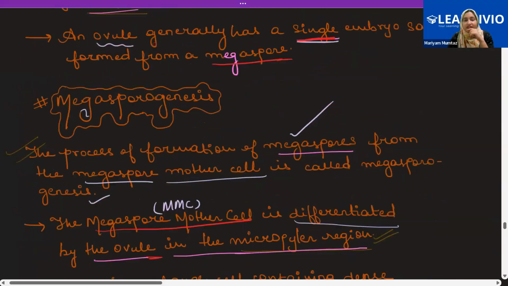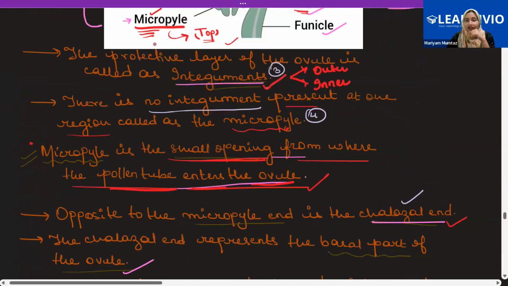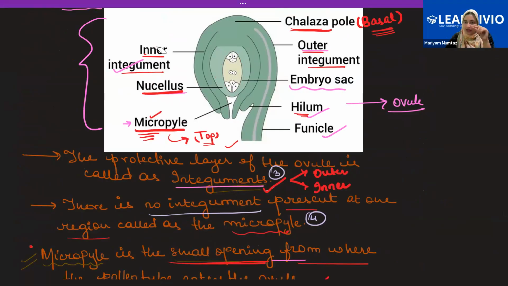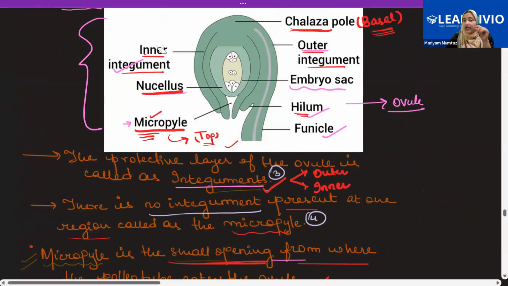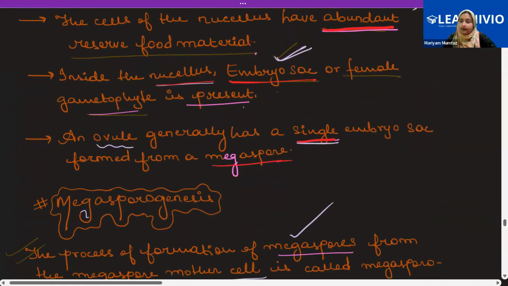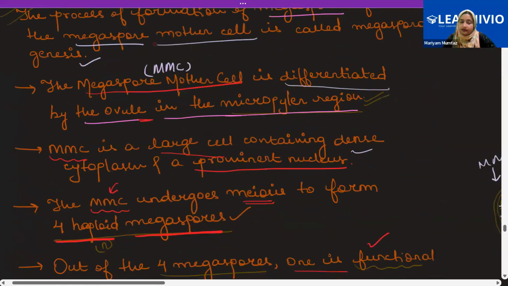So if you see in this picture, this egg-like thing in the middle, to form this, the megaspore mother cell divides by meiosis. And this structure, the embryo sac, is formed from 1 megaspore because the other 3 degenerate. Clear? Any doubts?